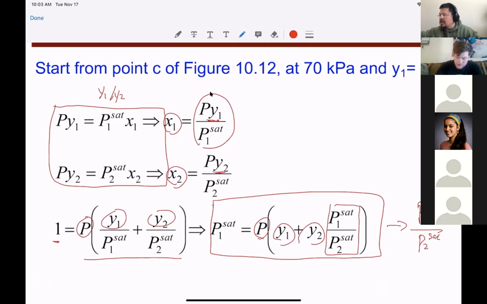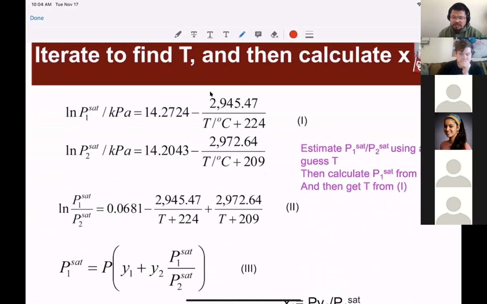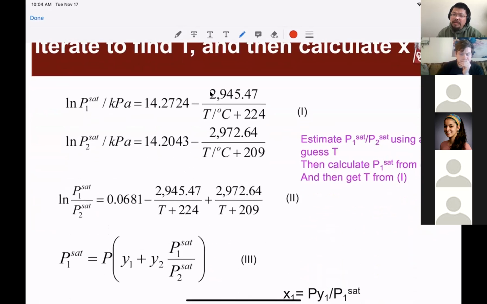So that is a hint that, if I don't know the exact values of P1 set and P2 set, what about if I know their ratio? So this inspires us to look at how we are going to manipulate and figure out the P1 set and P2 set ratio.